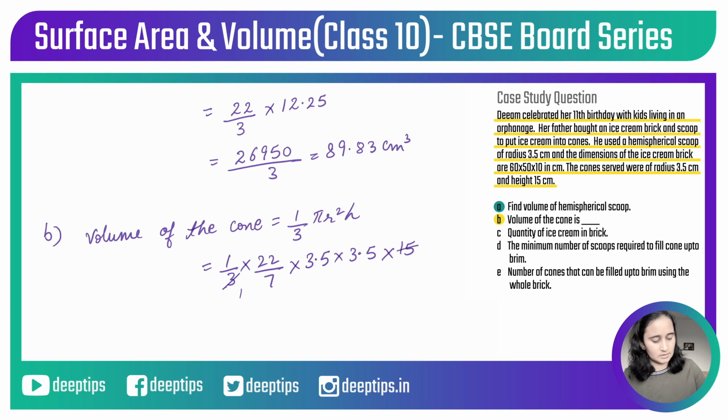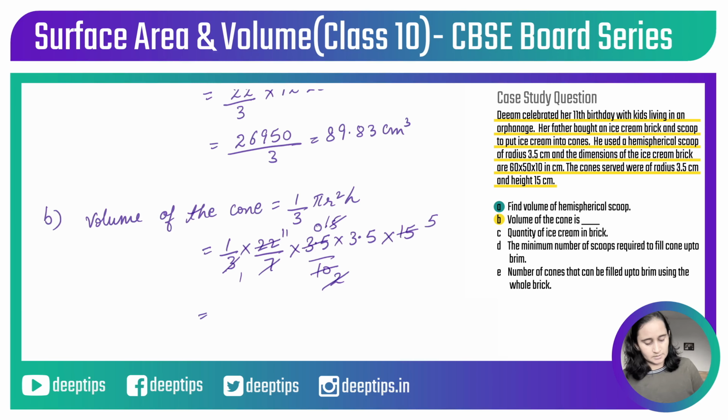So 3 ones are 3, 3 fives are 15, and 7 into 0.5 gives me 3.5. If I solve it further, 5 ones are 5, 5 twos are 10, the same step I did earlier, and here 2 into 11. So now let's write it here: 11 into 3.5 into 5.